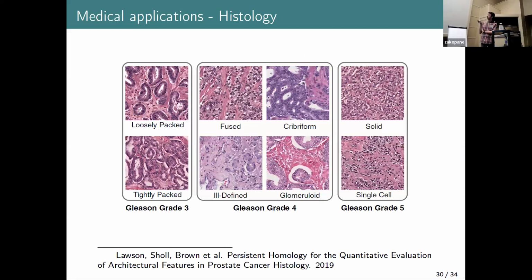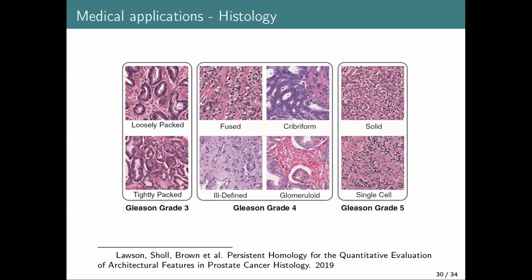What about image type data? I'll stay on the medical application side of things, once again with histological slices. These are histological slices of prostate cancer. In general, what medical professionals do is look at these slices and classify them according to expert knowledge.